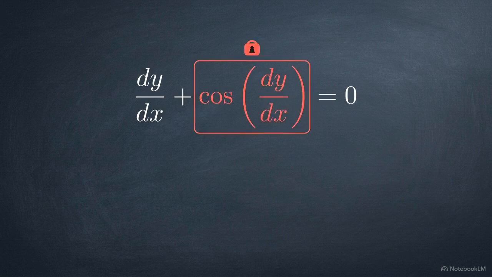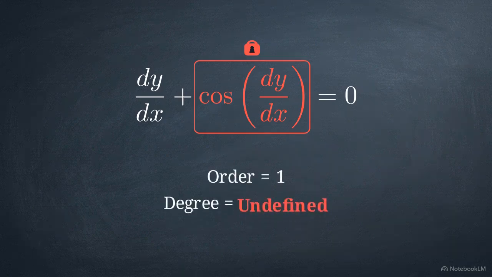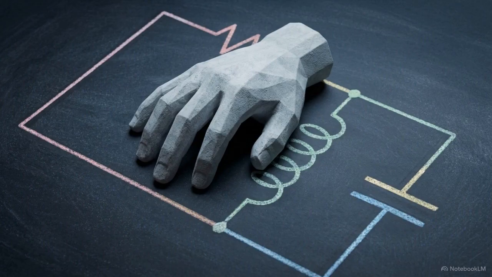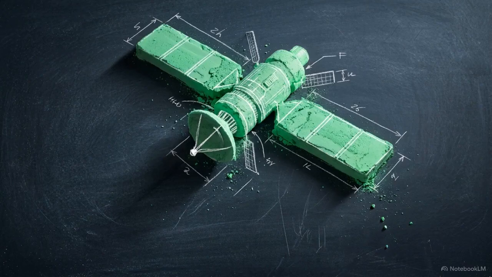Because of that transcendental cosine function, we cannot extract the derivatives into a clean polynomial. Consequently, the degree of this equation is strictly undefined. Proper classification is not academic trivia. The order and degree dictate the algebraic methods available to you and directly represent the structural complexity of the physical system you are trying to build.